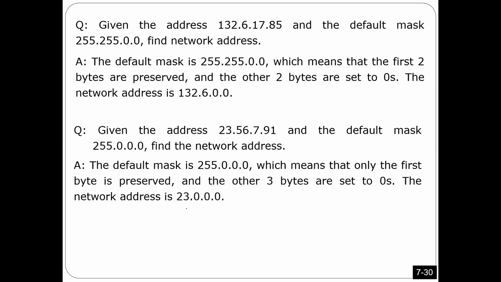I'm going to give you several examples, but the conclusion is: when an organization asks for a bunch of IPs, they are going to give you a network address. And as I told you last time, everybody else will see you using the network address. But internally, inside the organization, you have the freedom to design your own network as you want.